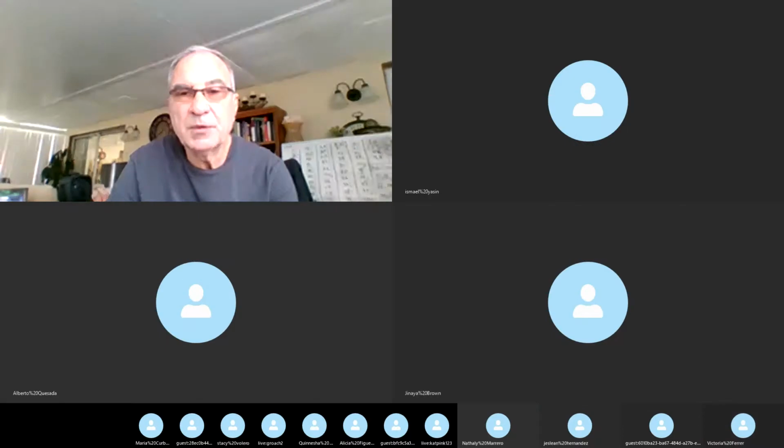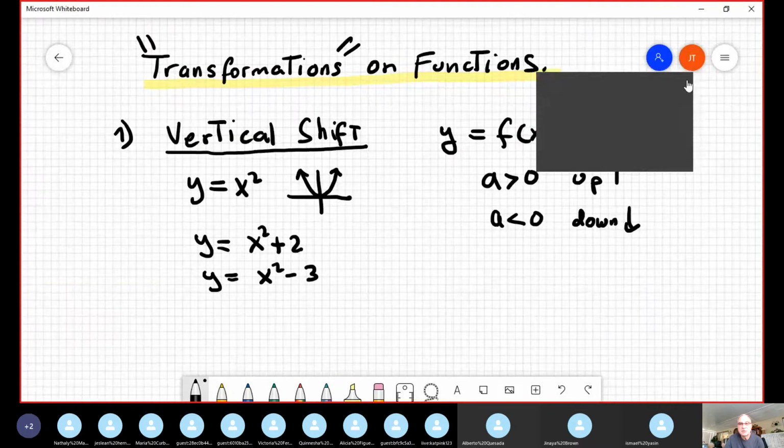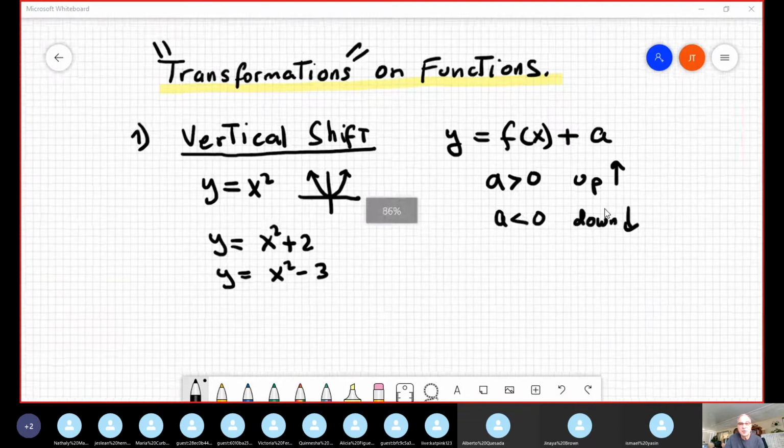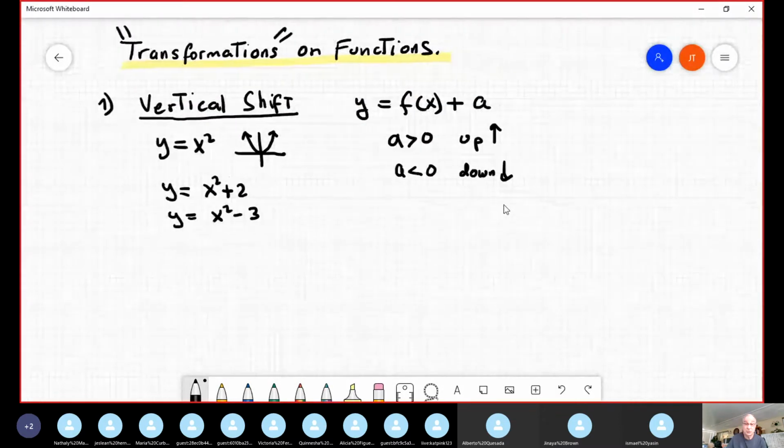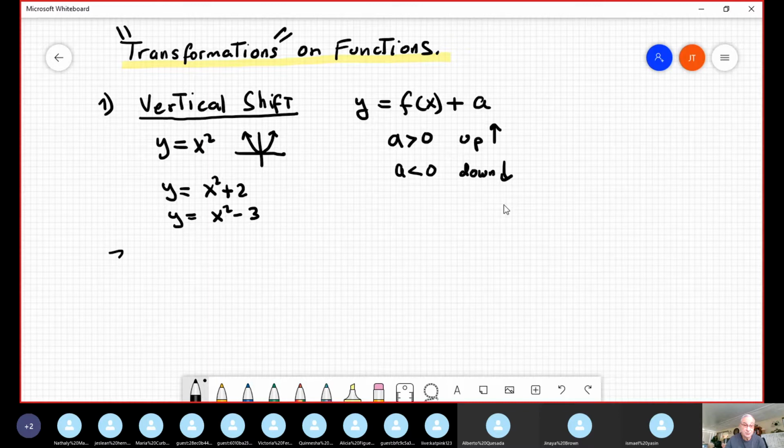The second transformation is, okay, you see the board? Okay, the second transformation is horizontal shift.